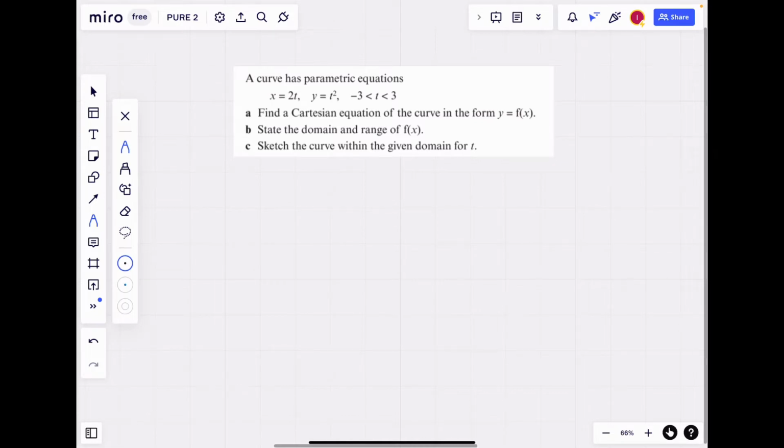What we've got is essentially a simultaneous equation. So if we make t the subject here, we can now substitute that there. That means x squared over 4 is our Cartesian equation.